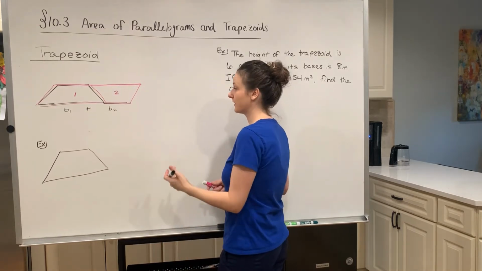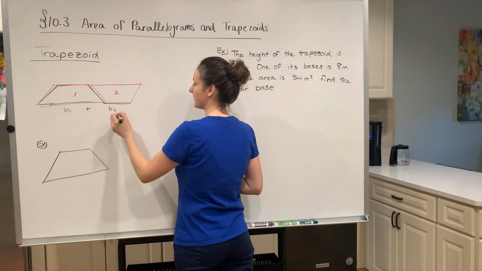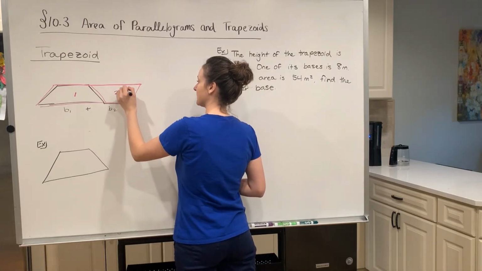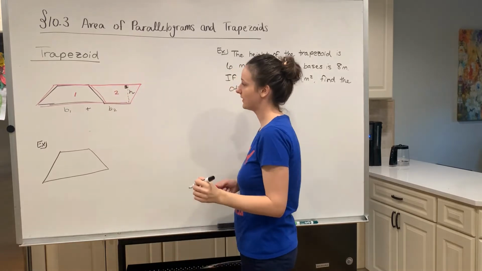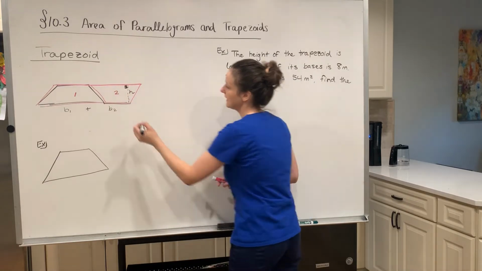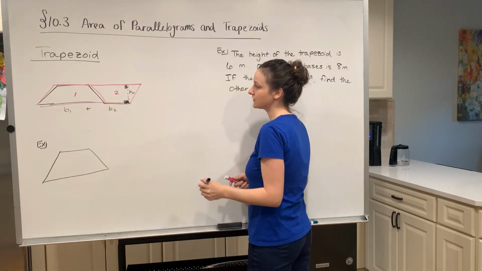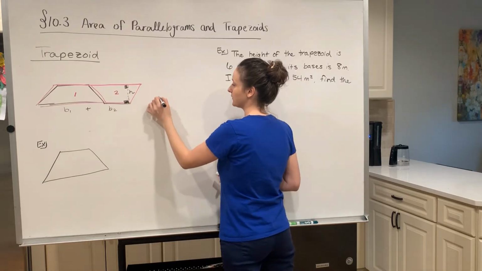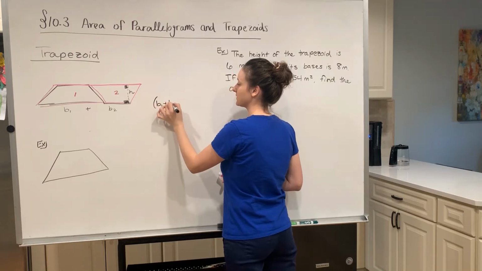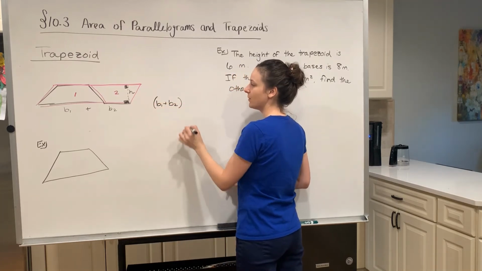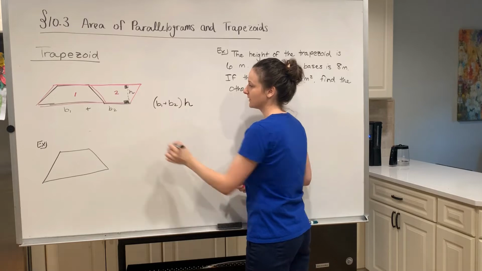Remember from the parallelogram formula, you need to multiply the base times the height. So I can create a height here. Okay. The height of my parallelogram is always connected to that right angle. So to find the area here, I need to first add the bases, base 1 plus base 2, multiply it by the height.